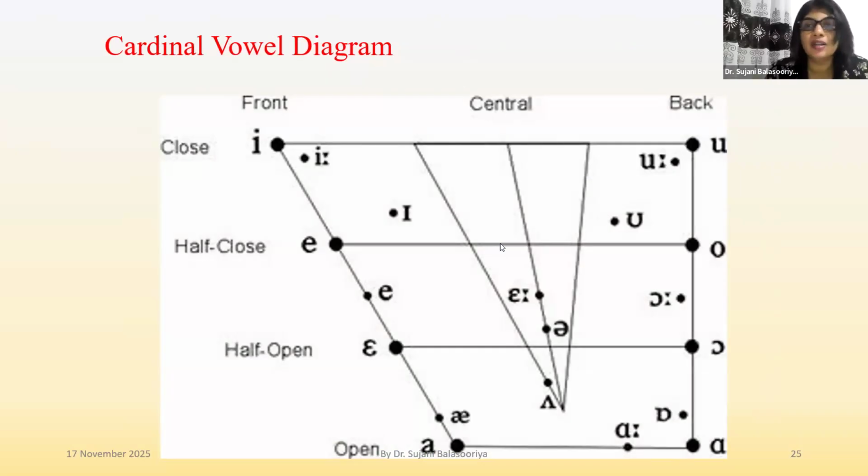Compared to vowel sounds, we can easily identify the places where we produce consonants. For example, p is a consonant and we know p is a bilabial sound because p is produced at the two lips.